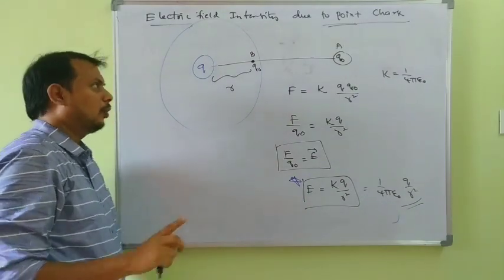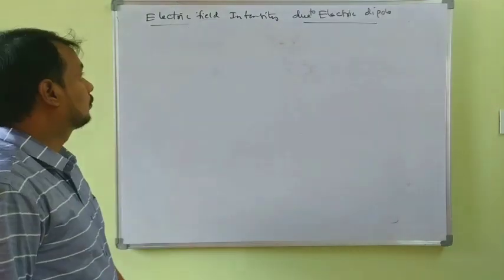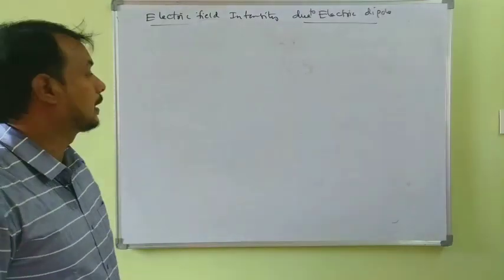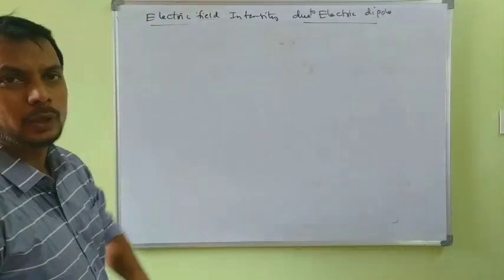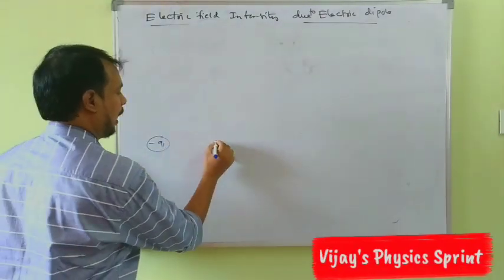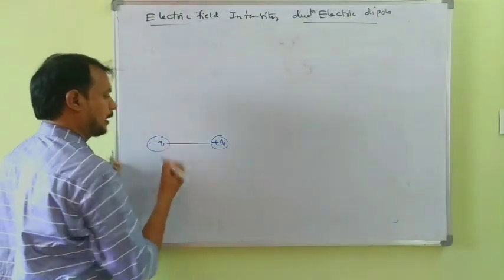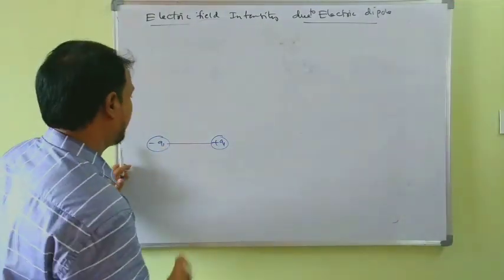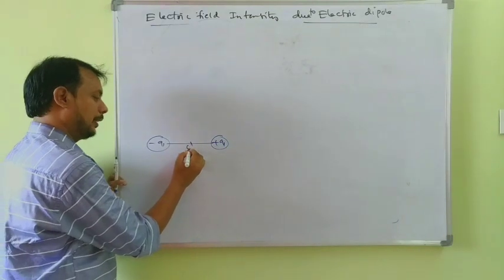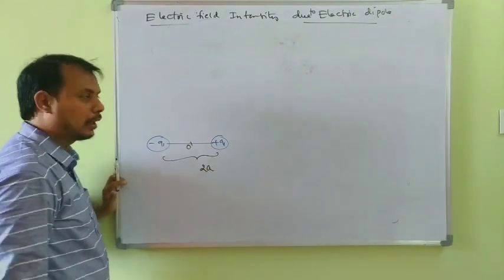Right? Now, what is the electric field intensity due to an electric dipole? An electric dipole means two equal and opposite charges separated by a minimum distance. The midpoint is O, and the distance between the charges is 2a.